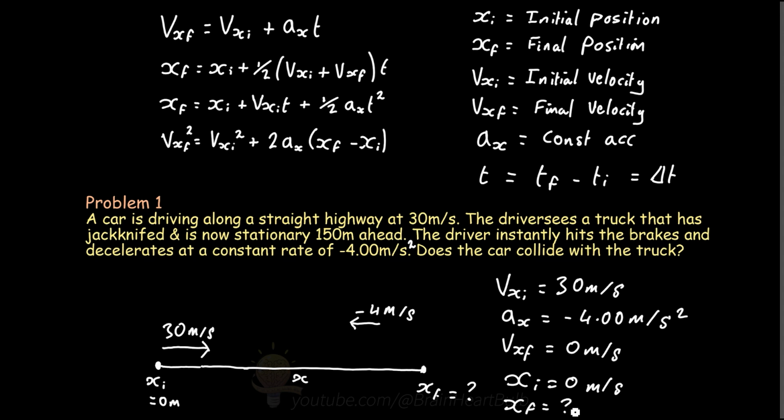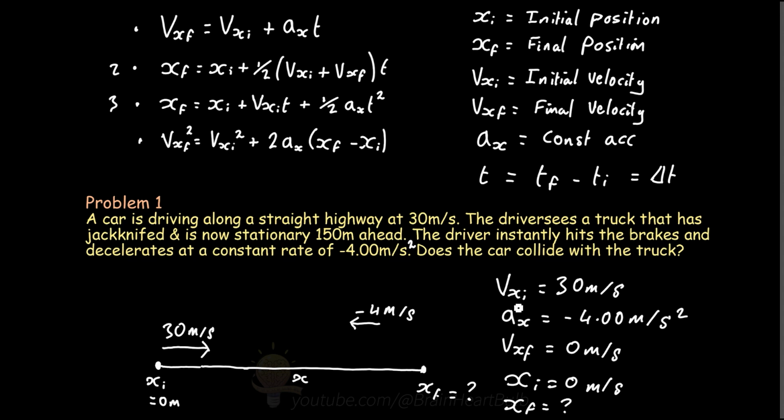But with the information we have here, we can see what equation will fit our example problem. So we could choose one of these two equations here. We can also choose maybe this equation and simply transpose this equation to make xf the subject.